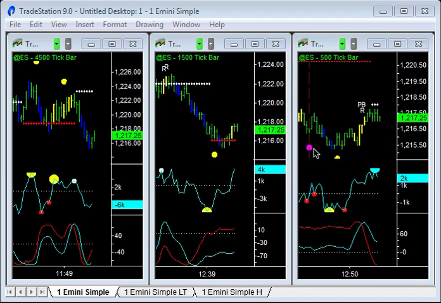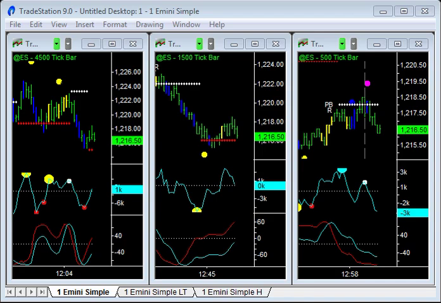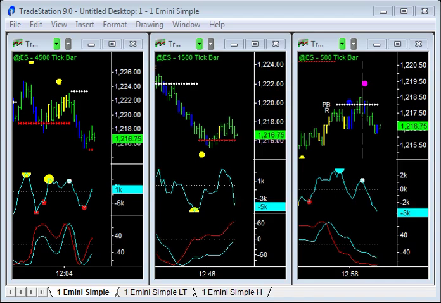Just seen all this divergence activity, so this is kind of stopping this move. 16.25. So all of a sudden the market wants to break down again. We've had exhaustion buying, bearish divergence coming on the 500 tip bar chart.